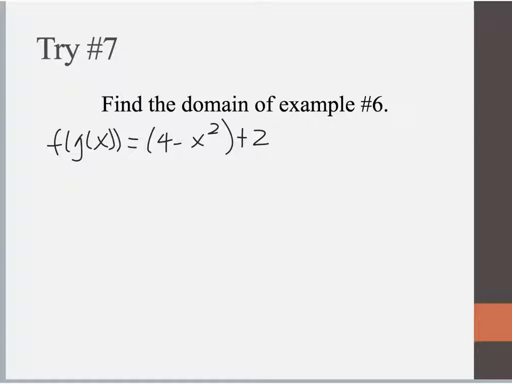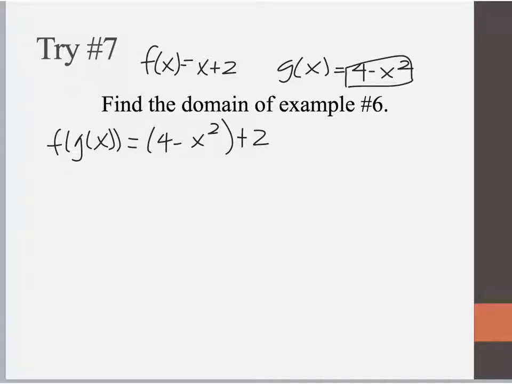That is because f of x was x plus 2 and g of x was 4 minus x squared. To do f of g of x, remember, you put the g function into x.